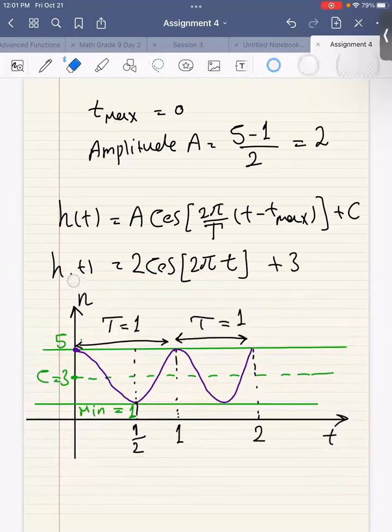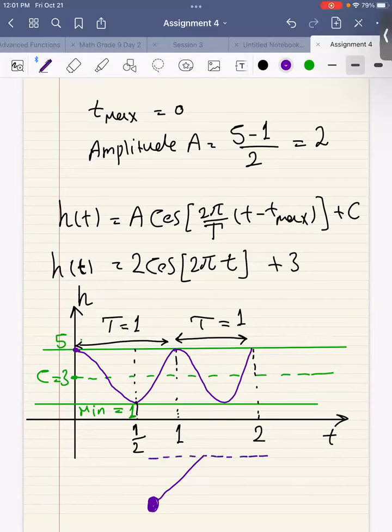So if this is the actual swing, here t is equal to 0. It's at the maximum height.